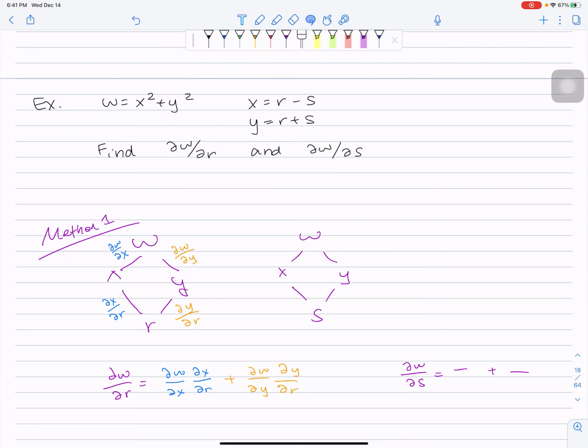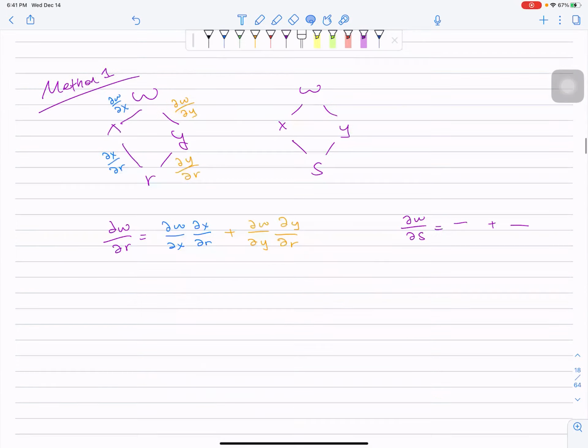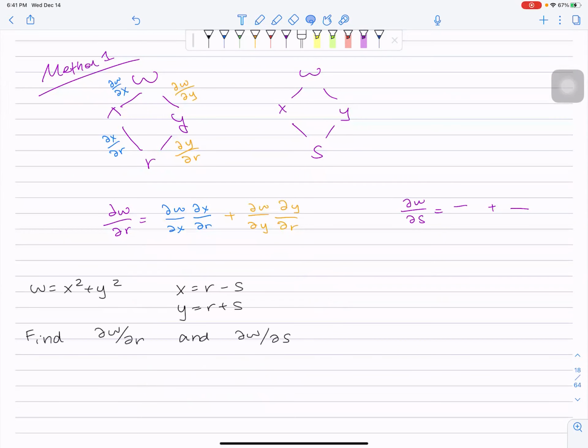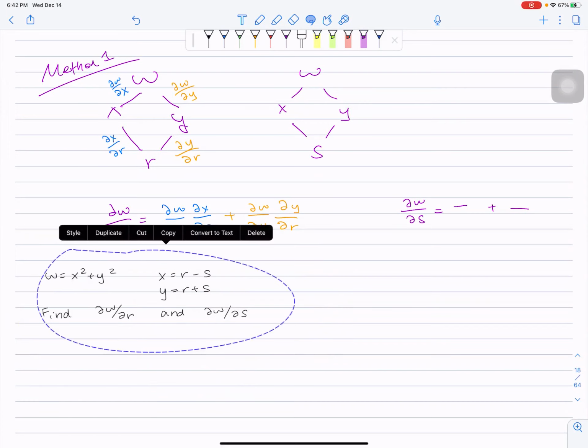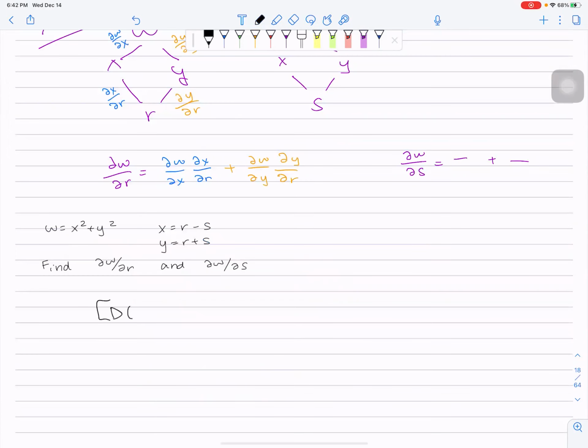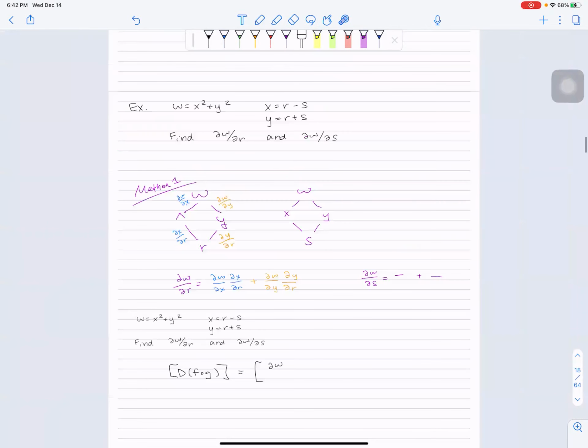Method 2, which might often be faster, is using the chain rule. So the derivative of f of g, it turns out that your terms in the derivative are going to be exactly, well, what is your output? Your output is w.